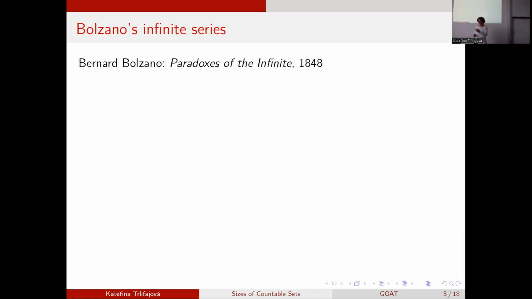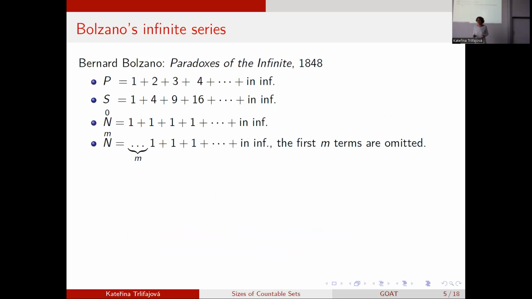So in this book, Bolzano works with infinite series like this. For instance, the series, the sum of 1 plus 2 plus 3, etc., or, not by chance, the sum of squares, or he has a series of only units, or he has another series.